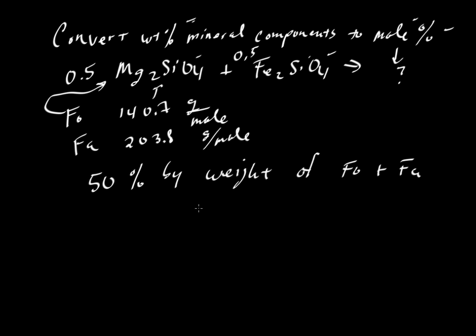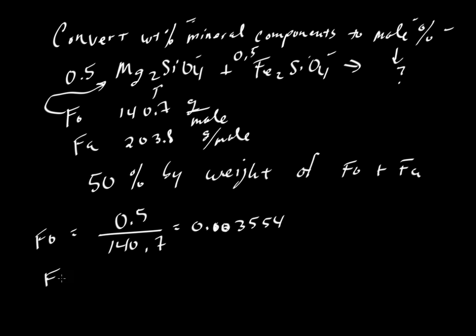To figure that out, we take 0.5 for the forsterite case and divide that by the atomic weight of 140.7. And if we do that, we're going to get a pretty small number, 0.003554 thereabouts.